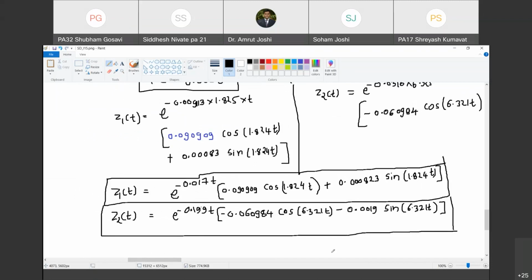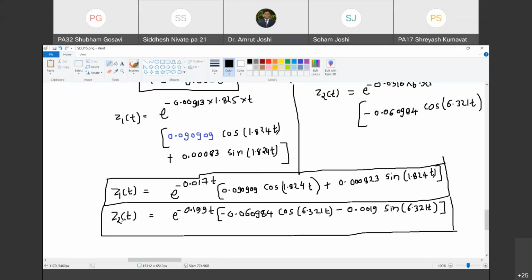Which one of these functions decays faster? Z2.